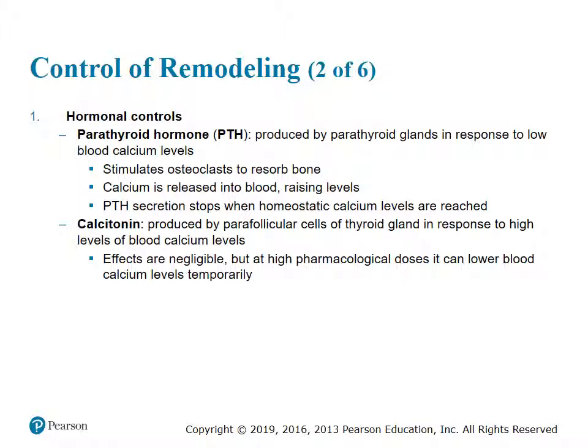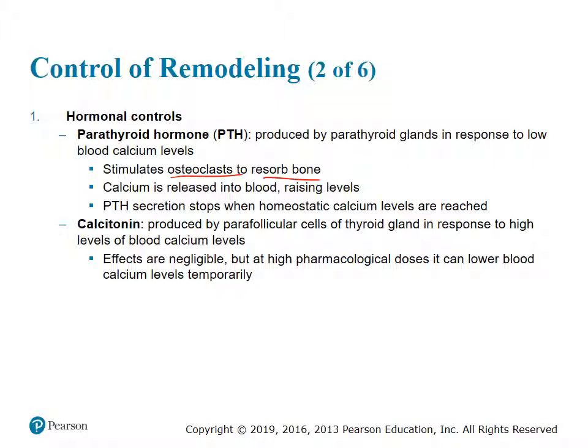For example, the parathyroid hormone will respond to low blood calcium levels. So when we see low blood calcium levels, parathyroid hormone will be secreted out of the parathyroid gland, or glands if you will, and that will stimulate osteoclasts to break down bone at the bone tissue level.